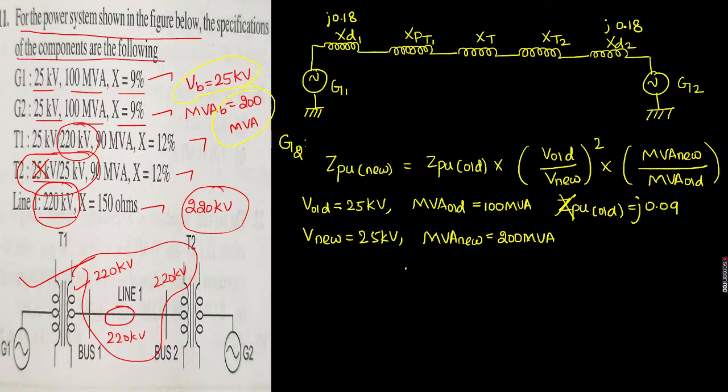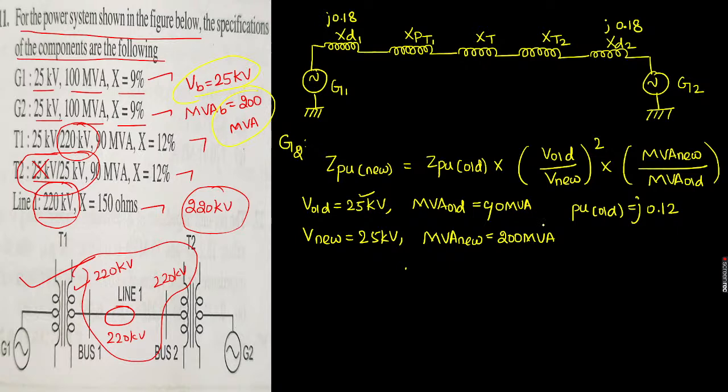Transformer 1 voltage rating is once again 25 kilovolts, and the MVA rating is given as 90 MVA. If you observe carefully, the rating of the transformer is 90 MVA, and the per unit reactance is also given, so it will be different. Let us substitute all the values and calculate. So this is 25 kV, 90 MVA, and j0.12.